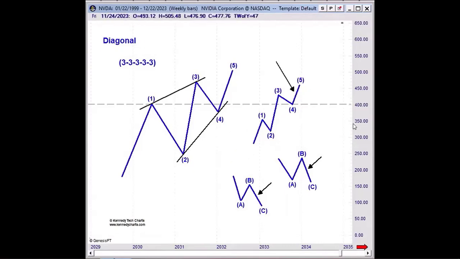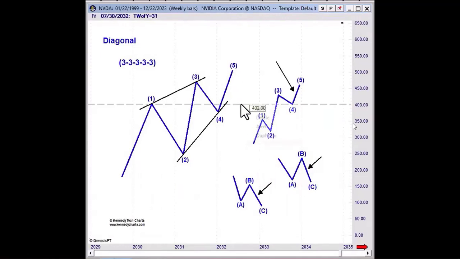Whenever the pattern does terminate, it tends to give way to a sharp resolution back beyond the origin of the pattern very, very quickly. I'll be discussing some timing techniques in tomorrow's lesson, Wednesday's lesson, where we also discuss the Fibonacci proportions that I tend to encounter within the formation of this specific pattern.